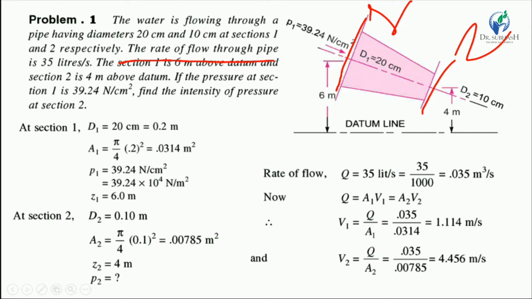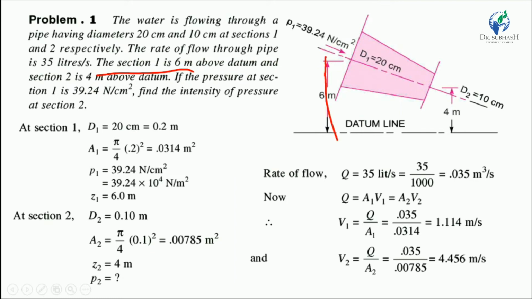The rate of flow through the pipe is 35 liter per second. So the rate of flow is given, so we can say that Q is equal to 35 liter per second. The section 1 is 6 meter above the datum.